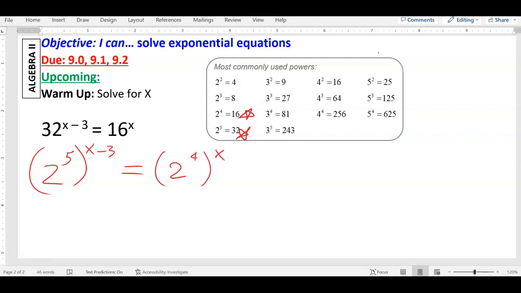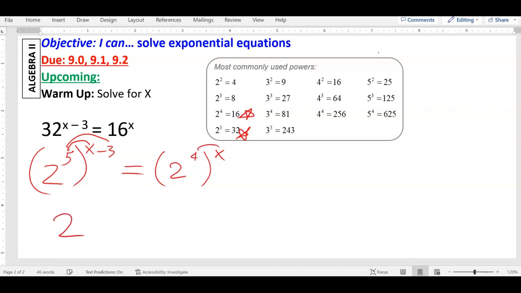But do you remember what we do from yesterday? What do I do with the 5 and the x minus 3? So you said distribution, which means we are multiplying. So I'm going to multiply 5 times x, 5 times negative 3. And on the other side, the 4 is times x. Once I get the same base, now I can start multiplying things.